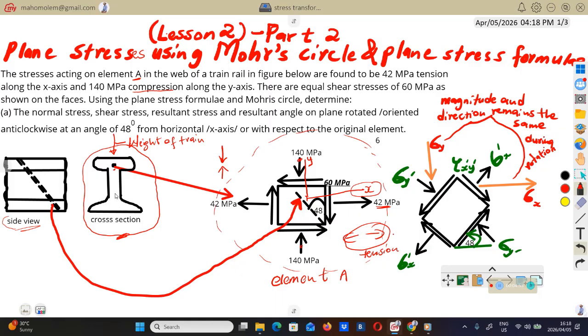So this rail is going to experience compression. As it gets compressed due to the weight of the train, the rail is also going to stretch or expand in this direction, with a magnitude of 42 MPa.